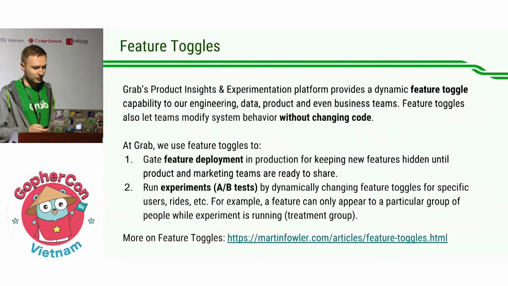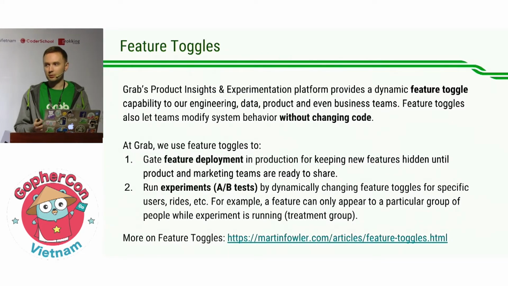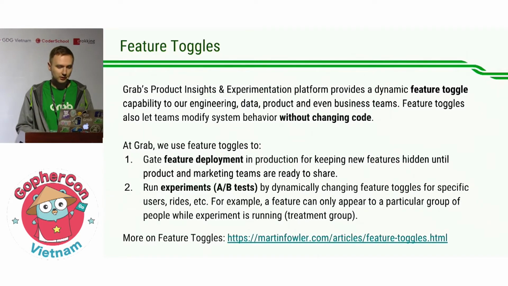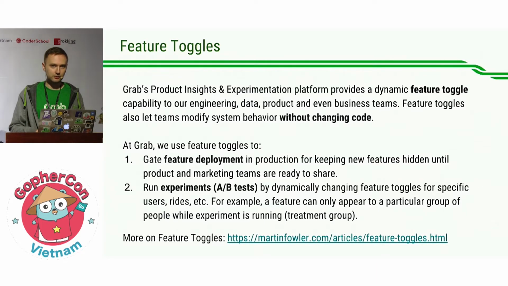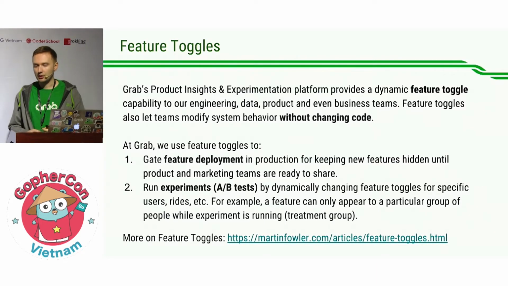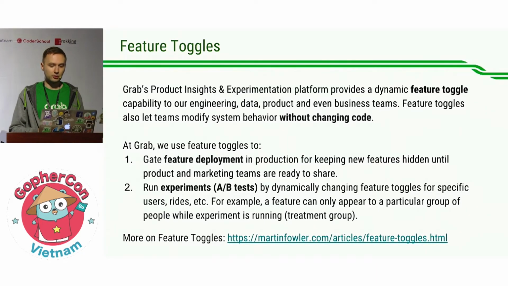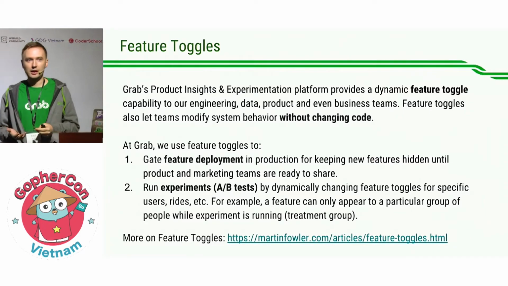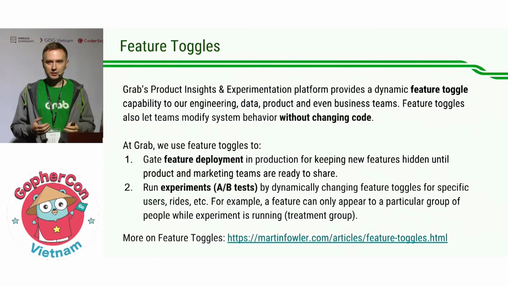So feature toggles are super important when you have any kind of product which you push regularly. They let you do several things. They let you gate feature deployment. For example, you might want to push a binary out and it's not ready yet.